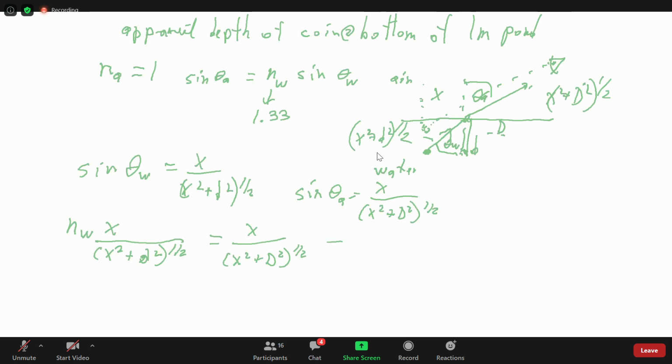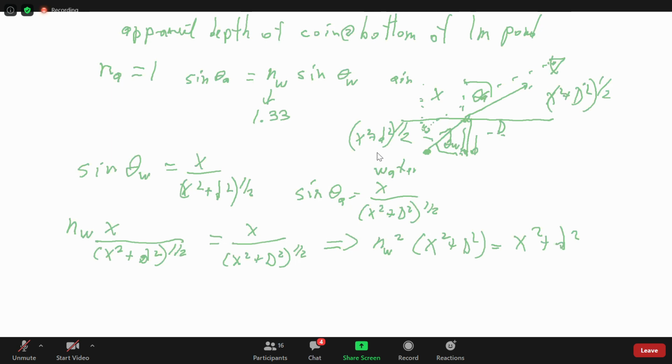So let's simplify that a little bit. We square both sides. So n_w squared times (x squared plus big D squared) is equal to x squared plus little d squared. Let's make it a little simpler.